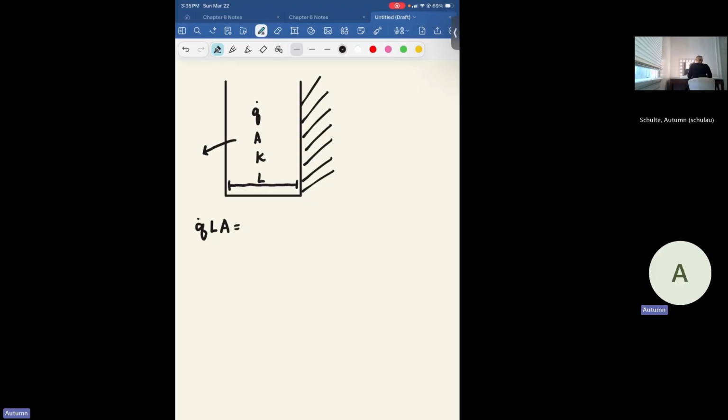which is equal to the heat leaving on the uninsulated side, which we can find by Fourier's law. So Fourier's law is negative the thermal conductivity multiplied by the area multiplied by the change in temperature with respect to x. Now, if we make this position over on the left side x equal to 0, and our increasing x values going from left to right, this means that our volumetric energy generation rate must be negative.